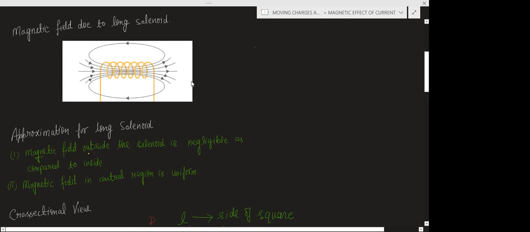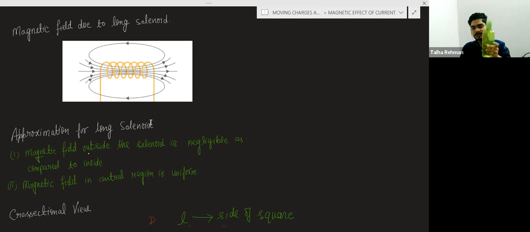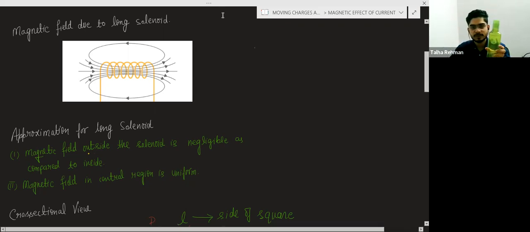Now we will see the cross sectional view of the solenoid for the calculation purpose. See, this is the bottle, and suppose I have cut this bottle from here like this; the part you will see then will be a cross sectional view.